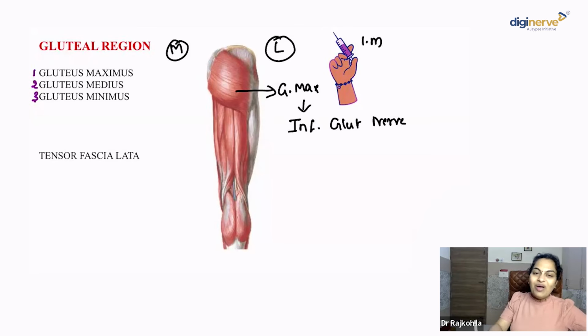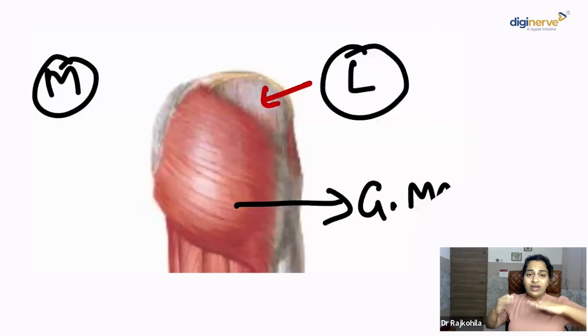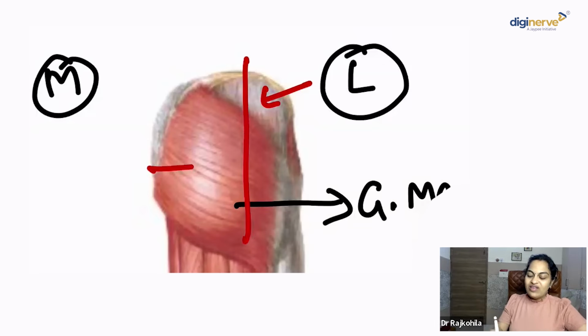Now, the intramuscular injection that you put into the gluteal region is into which muscle? The gluteus medius. So here, this is the gluteal aponeurosis. Underneath it lies the gluteus medius, into the upper outer quadrant.